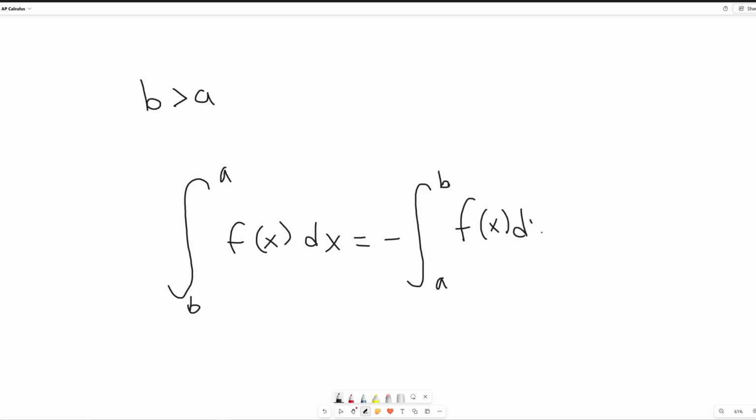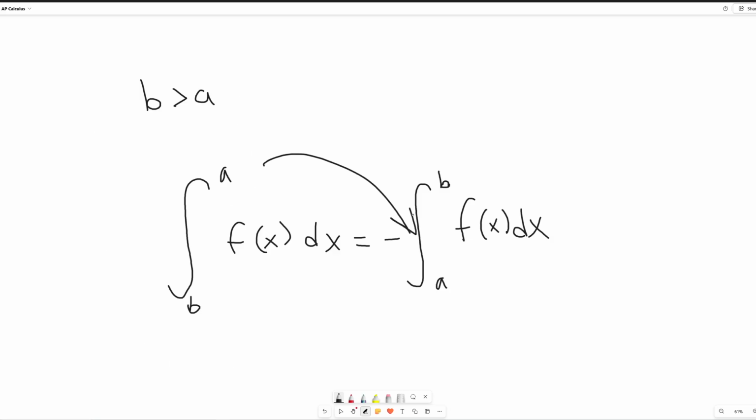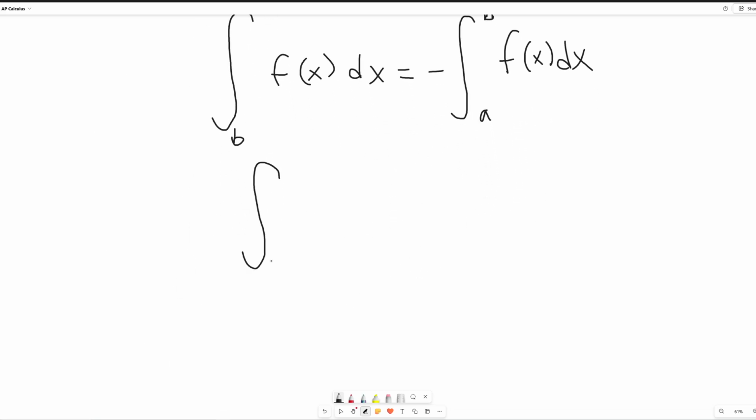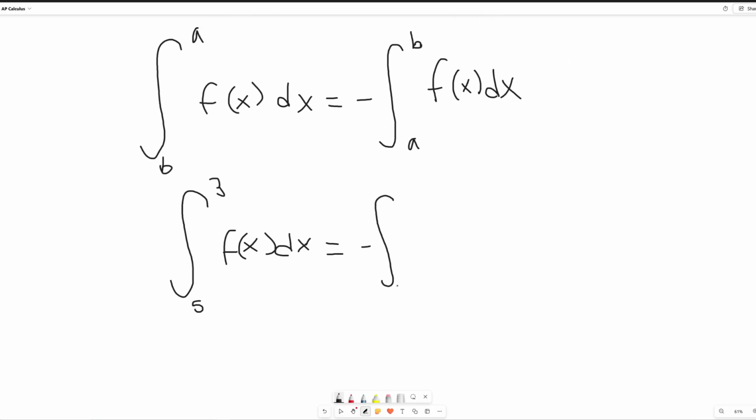These are equivalent. So you should always convert relationships like this into this sort of integral. So if you have the integral from 5 to 3 of f of x dx, you should always, to not mess things up, write it as negative integral from 3 to 5 f of x.